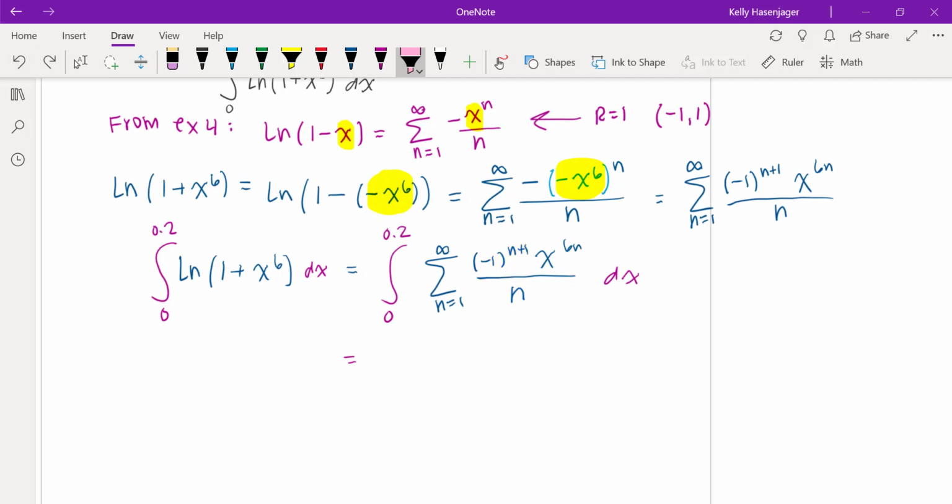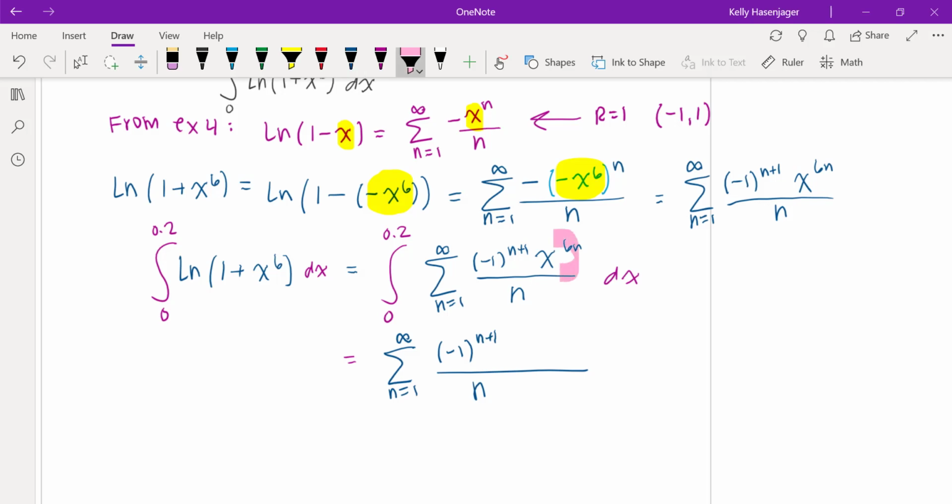All right, so we're going to have our sum from n is equal to 1 to infinity. This -1 to the n plus 1 stays out as it is. n is down here.